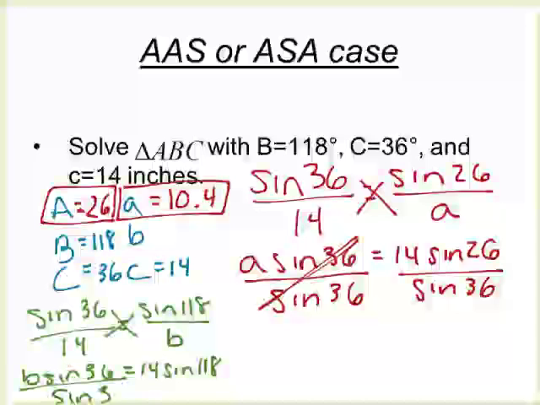And divide out. So what do we get for side B? Right about 21.